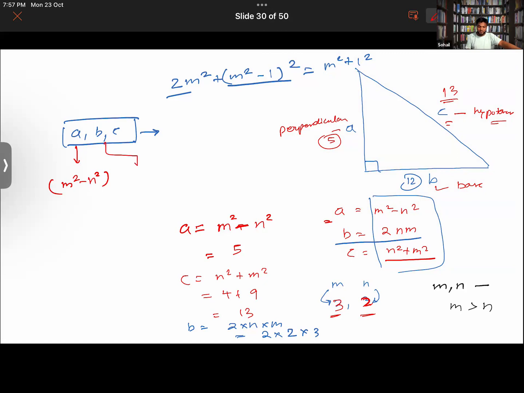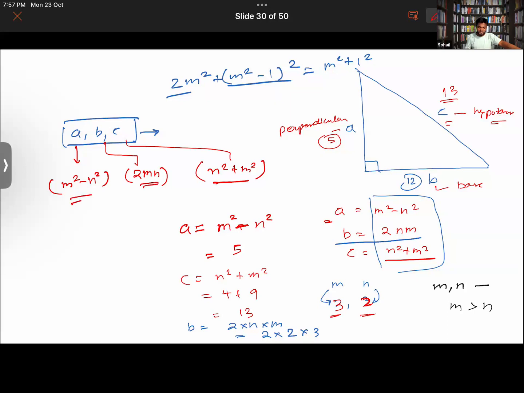B will be found using the formula 2 into m into n, and C will be found using the formula n square plus m square, or m square plus n square. Simply remember this formula.